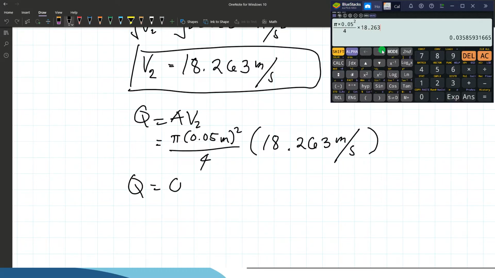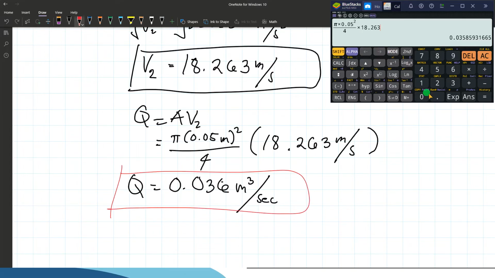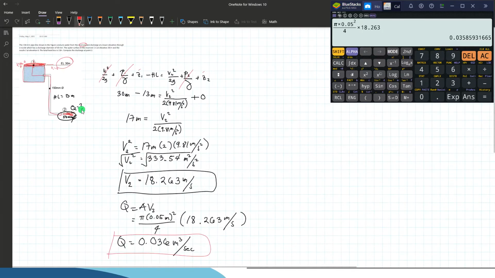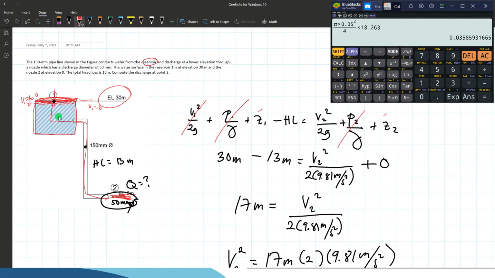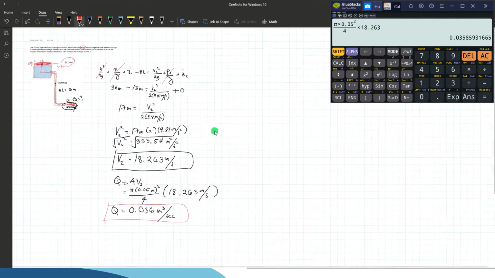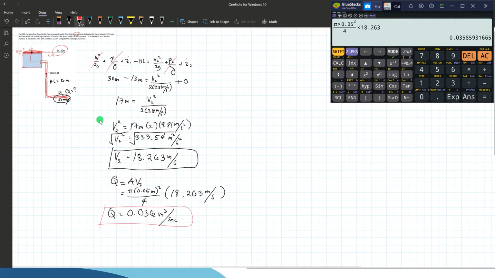The discharge is 0.036 cubic meters per second. That's the discharge at the nozzle. Actually, the discharge is just the same at any point in the pipe. Okay, that's it. Next problem.